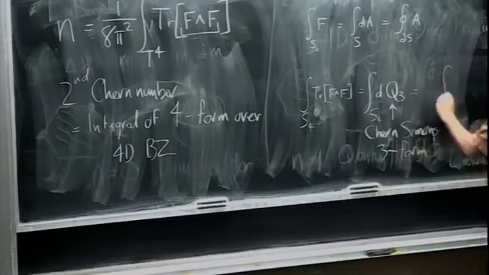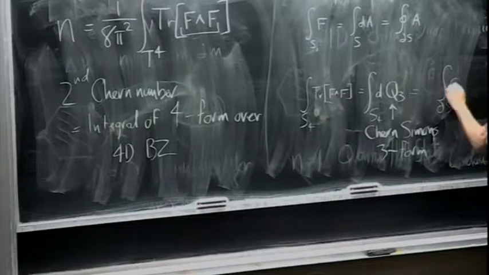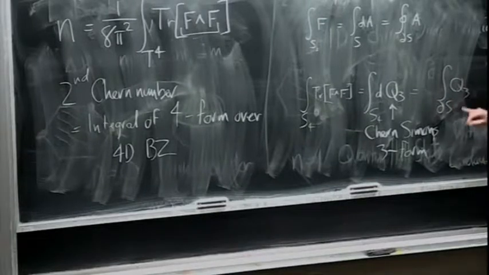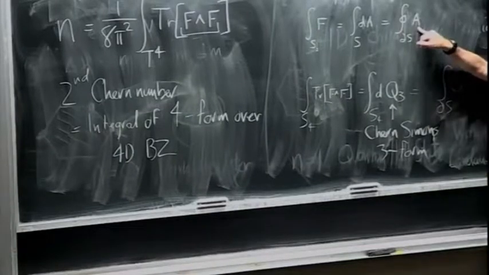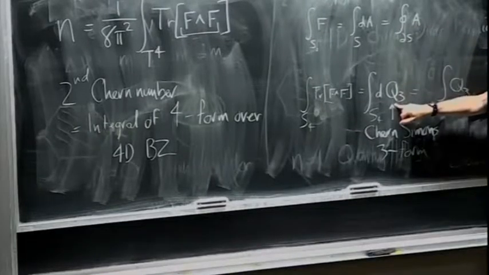One can then write that as an integral on the boundary. This is probably the best generalization I can think of. You could call A the Chern-Simons 1-form, and then the Chern-Simons 3-form is a little bit more complicated.